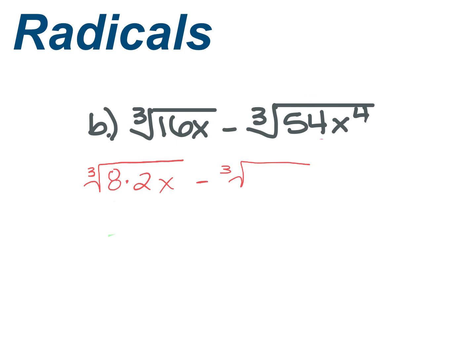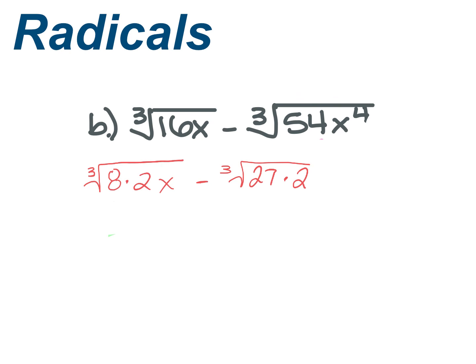Okay, 6 and 9, I agree, but I think we want to have the common radical, right? Think bigger. Think a bigger perfect cube and a smaller non-perfect cube. 27 and 2.